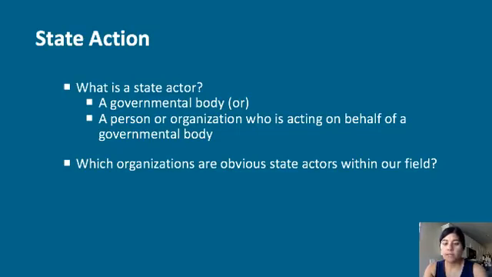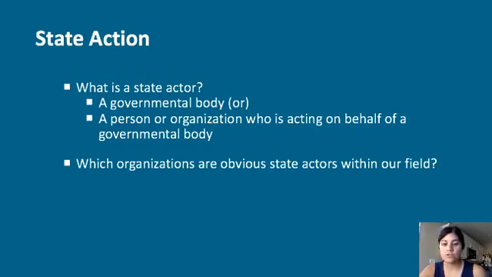We call these individuals or groups a state actor. You can see here in our definition, a state actor is basically a governmental body or an individual person or organization who is acting on behalf of a governmental body. Again, the Constitution set up these specific freedoms from governmental action. So they weren't setting up these freedoms from private action, right?